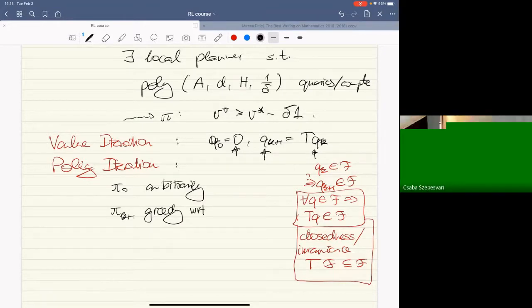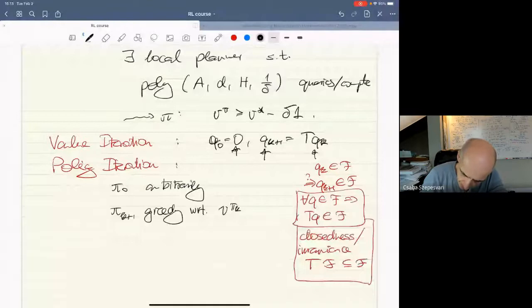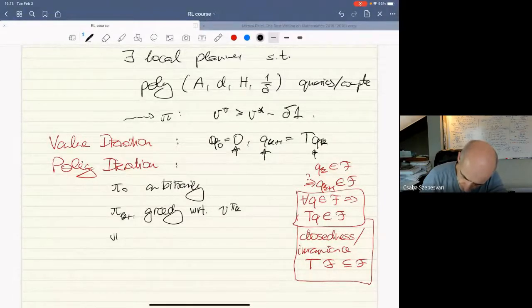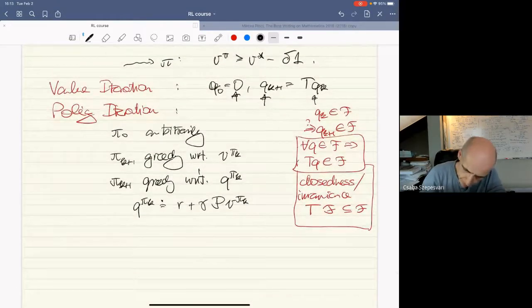Okay, we said that with respect to v of pi k, but that's the same thing as saying that pi k plus 1 should be greedy with respect to q of pi k, where q of pi k is just this one step look ahead. It's the notation that was introduced previously, right?